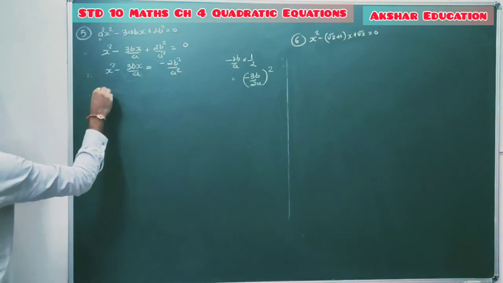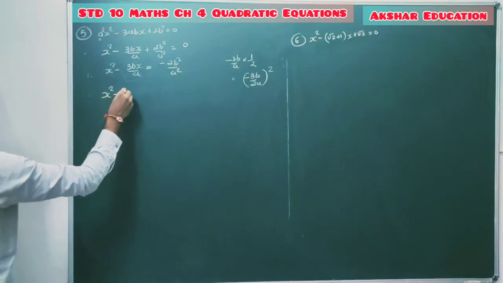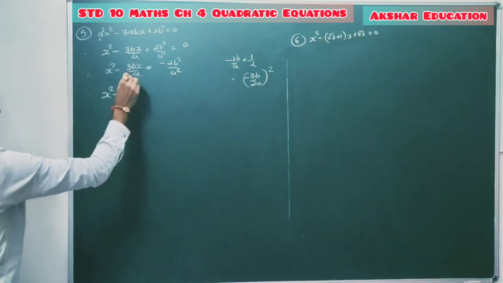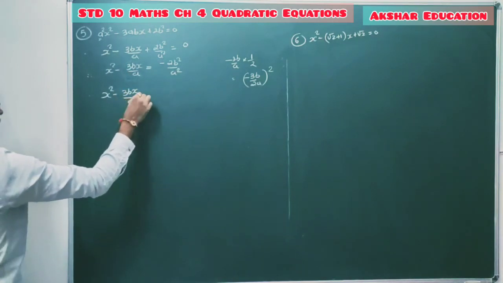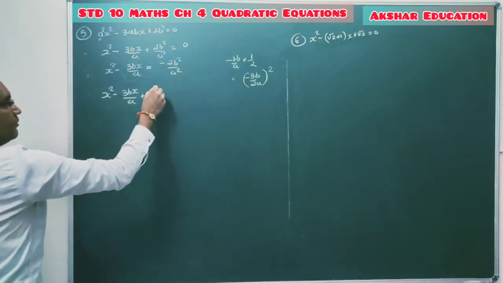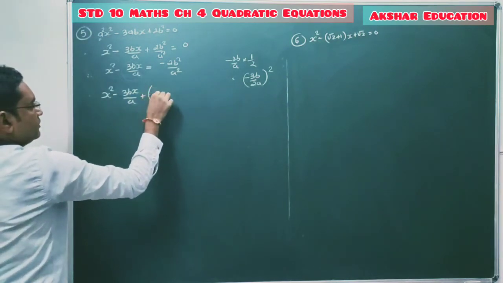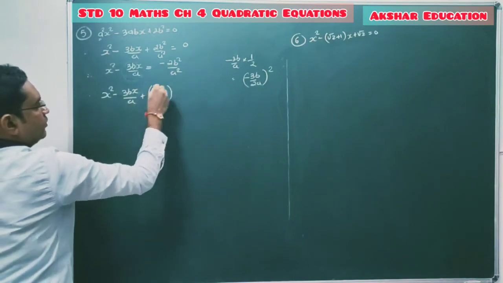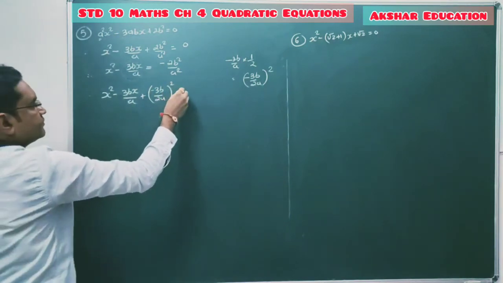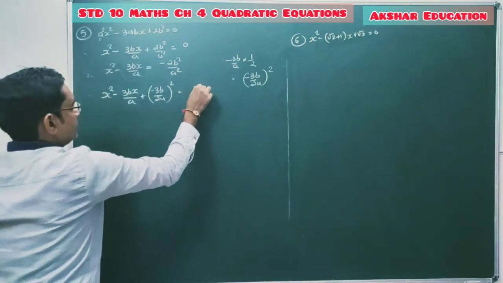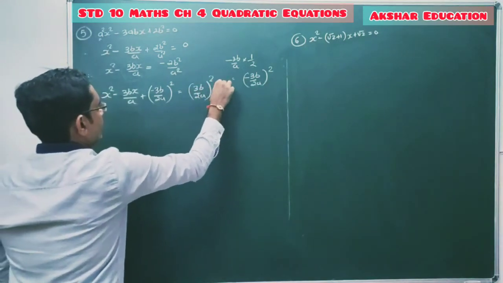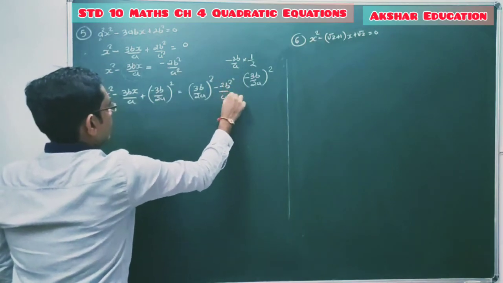So this is x square minus 3bx upon a, plus minus 3b by 2a whole square, equal to 3b by 2a whole square minus 2b square by a square.